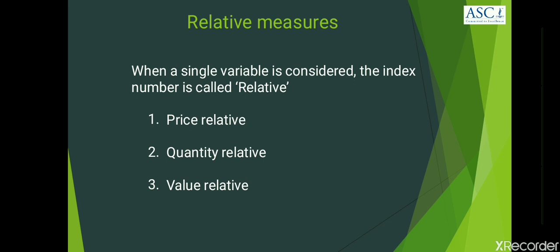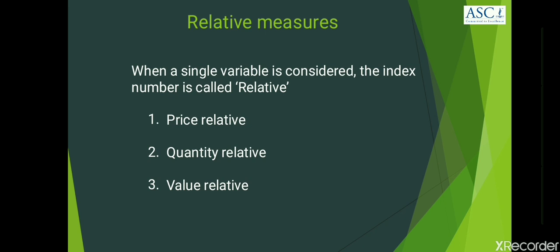Now, here is the next stage: relative measures. Definition of the term relative. When a single variable is considered, the index number is called relative. It is a simple index number. There are three types: price relative, quantity relative, and value relative.